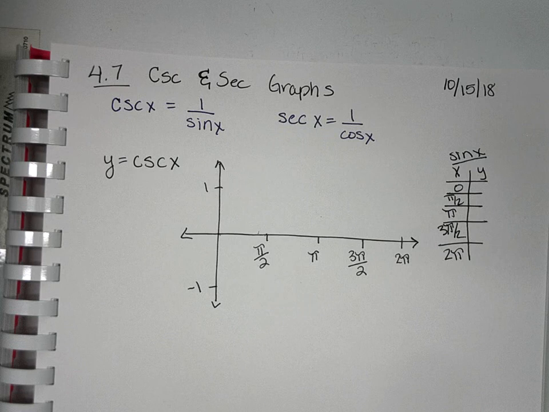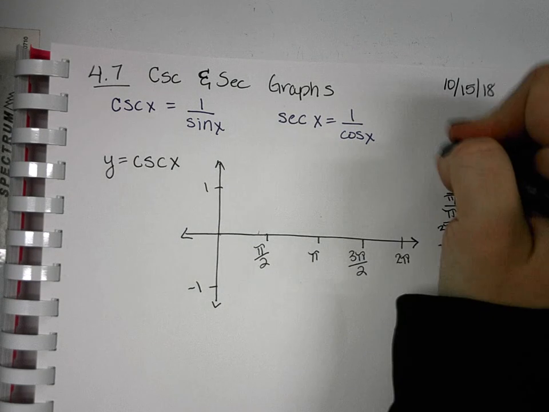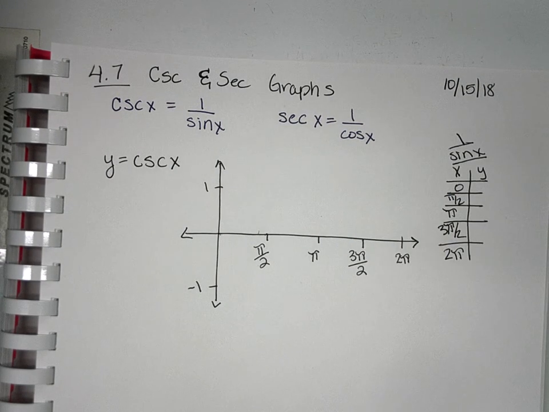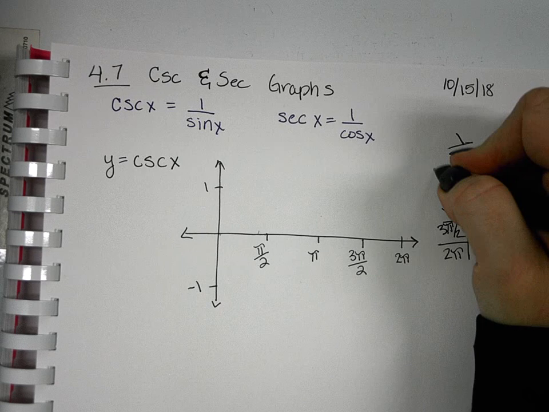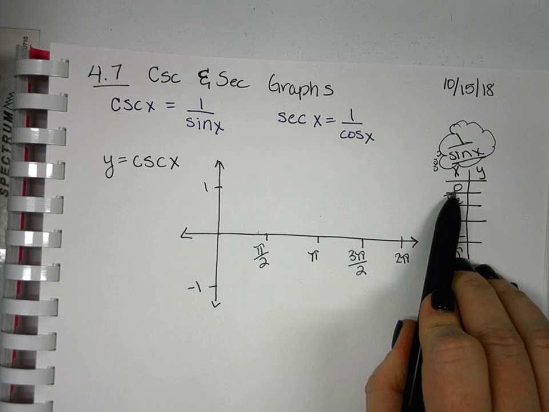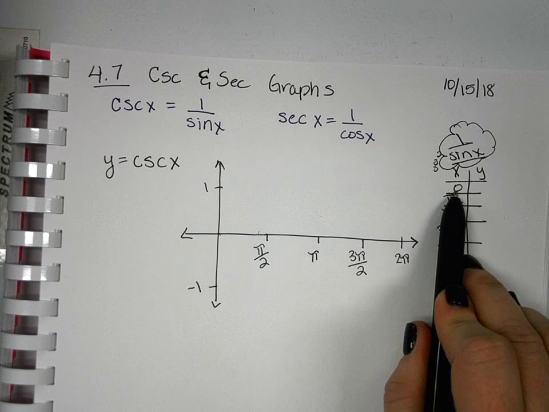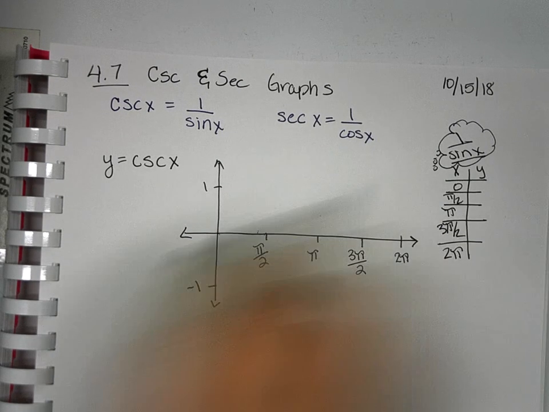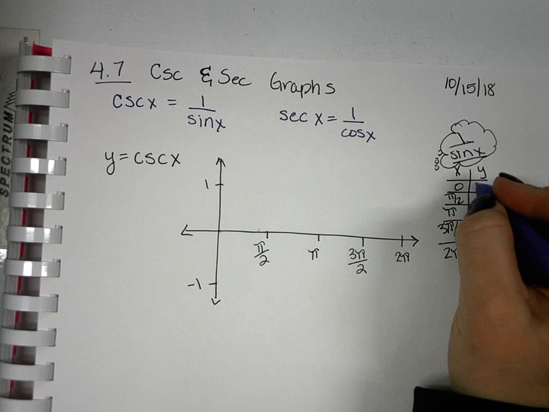And so if we think about what the reciprocal of 0 is, the reciprocal of 0 is undefined. So when we think about all of these graphs, we're thinking 1 over sine. That's how we're filling in this table, is 1 over sine. So sine of 0 is 0, so 1 over 0 would give us undefined.